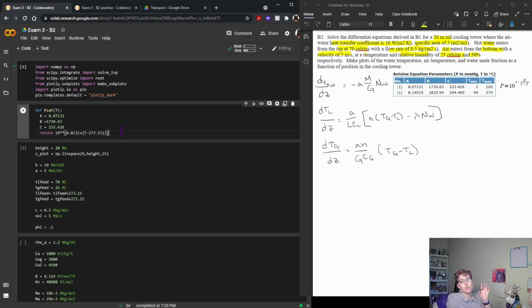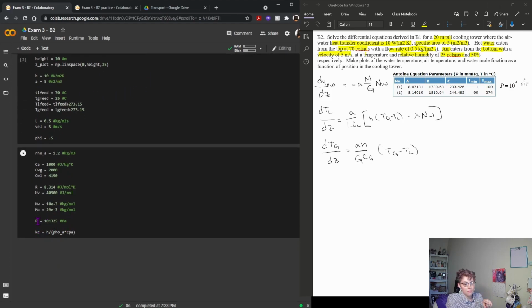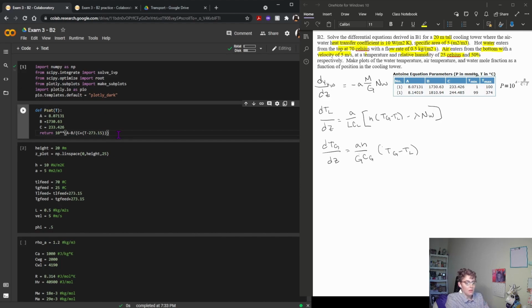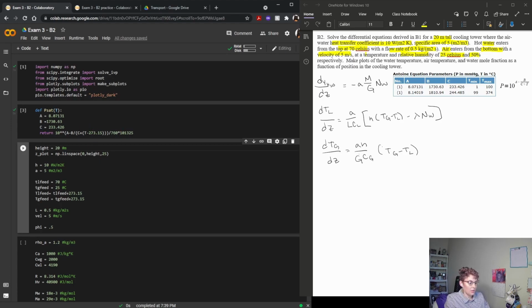This will give us the answer in millimeters of mercury, and what we need is pascals, like we already have our pressure in down here. So in order to take this from millimeters of mercury to atmospheres, we're going to divide by 760. And then to take it from atmospheres to pascals, we're just going to multiply by 101,325. And that works out, so that should work.